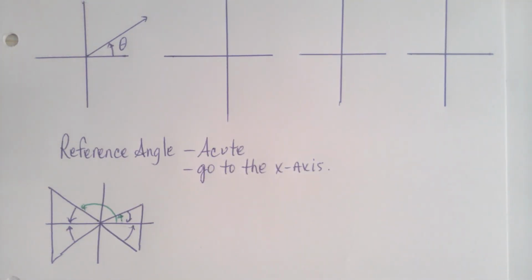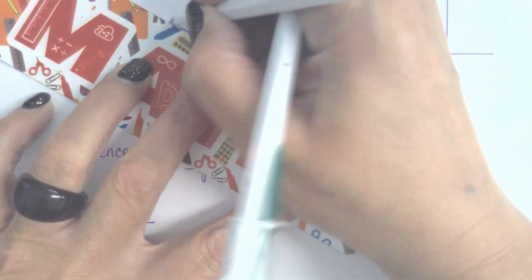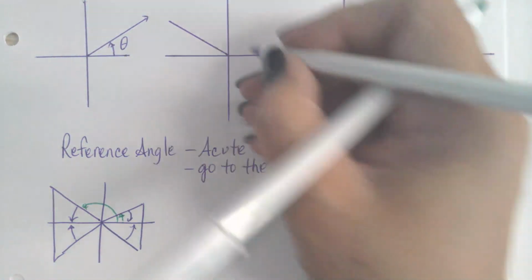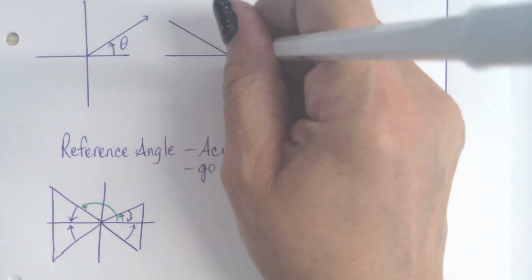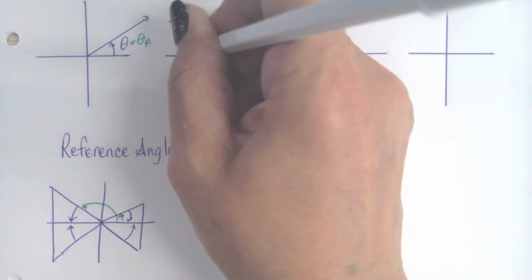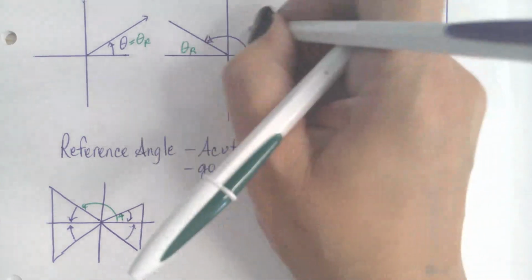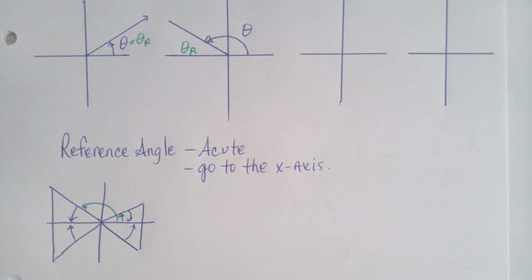So I draw a 30-degree angle in quadrant 2, right? So this is theta reference. My reference angle is right here, but my theta angle is right there.